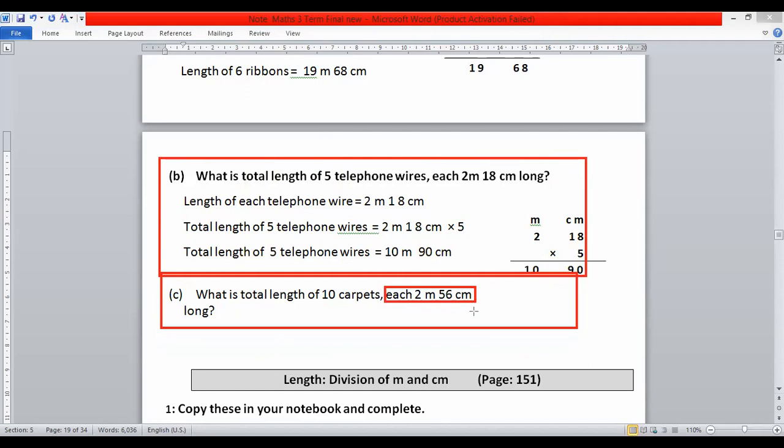Question 2 and question 3, you have to solve in your notebook. Remember that you should solve all parts. In mathematics, extra practice is very important, so you have to solve all parts that are given in your book on page 150.